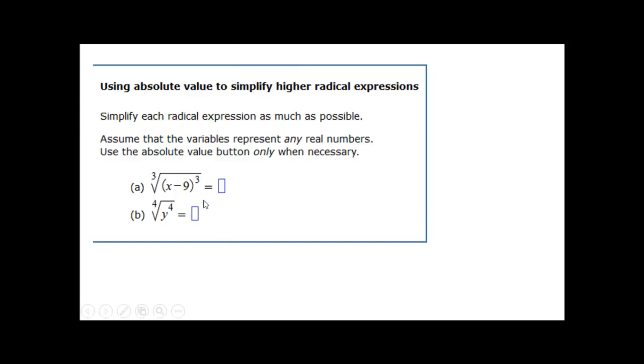Okay, so it says using absolute value to simplify higher radical expressions. So this is a kind of a hint there that you're not going to get on the test, that you might have to use an absolute value in these problems.